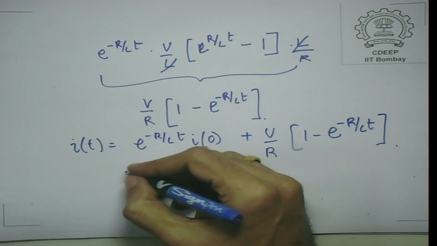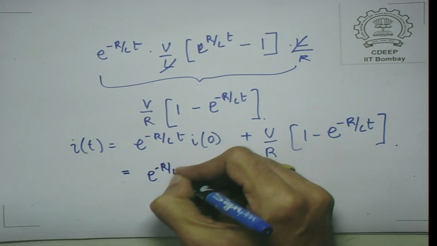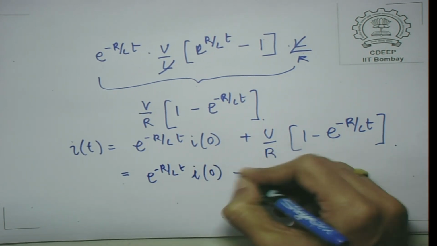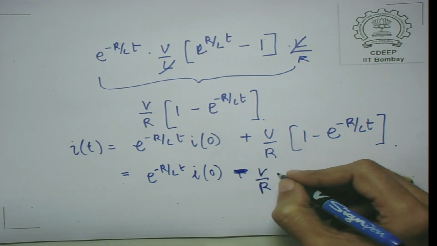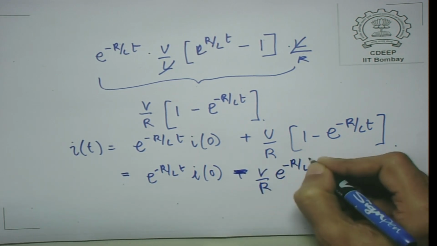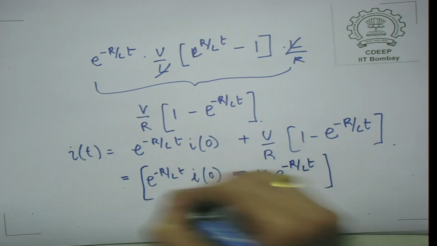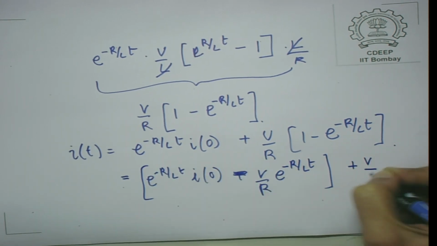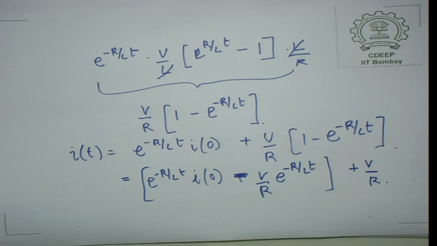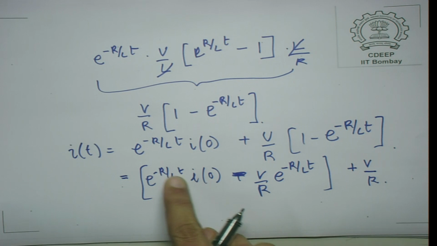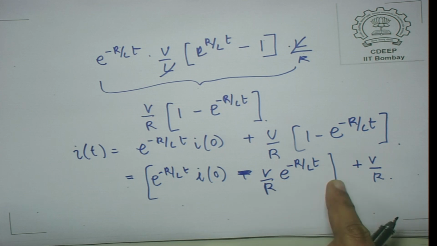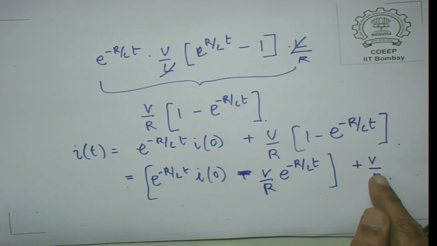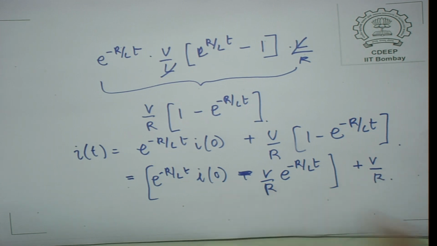One is e raised to minus r by L t into (I0 minus V by r), and the other, which does not contain the exponential, is simply V by r. As t tends to infinity, because the exponent is a negative number, the first term tends to 0, and this is called the natural response of this circuit. The other is the steady state response, which remains after the natural response has died down.